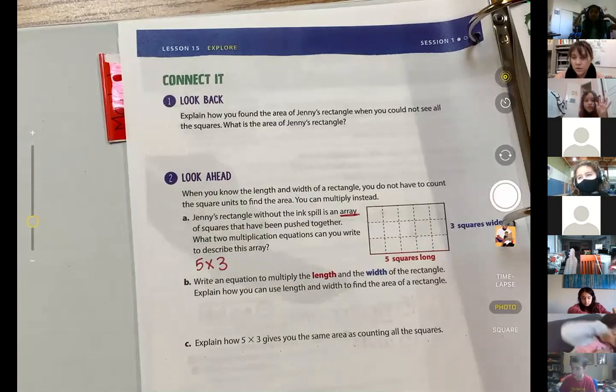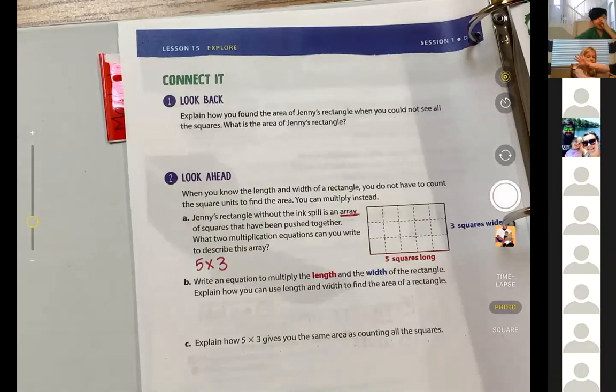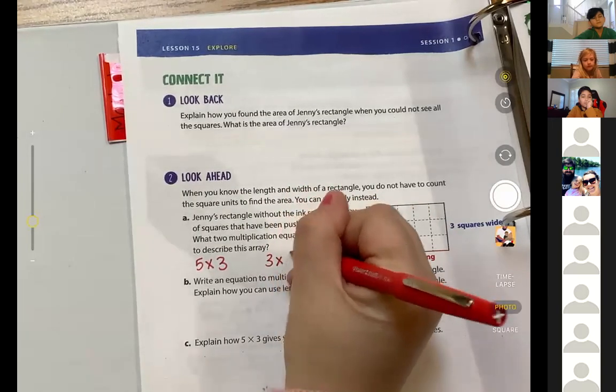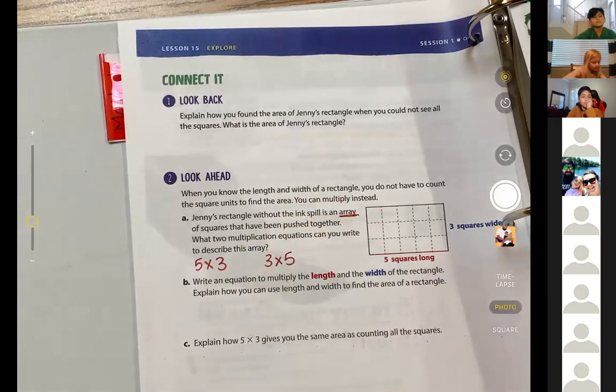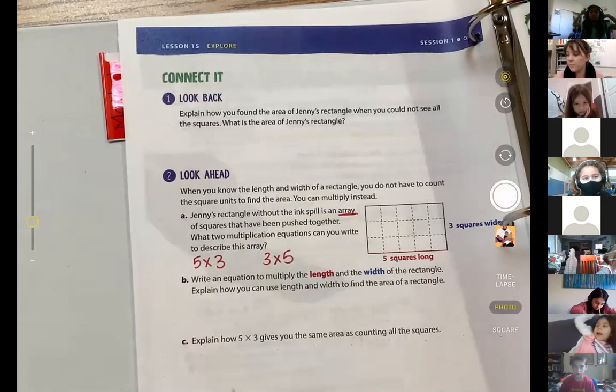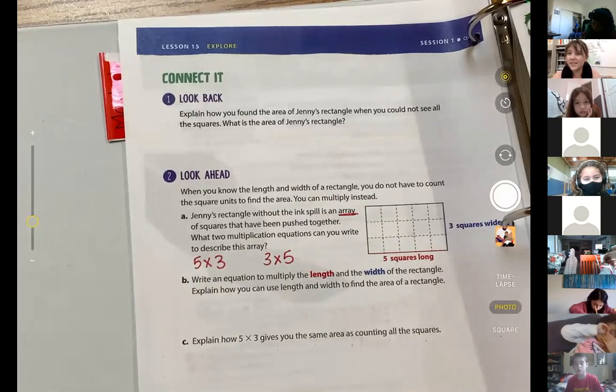What's the other one we could do, Ellie? 3 times 5. Perfect. 3 times 5. Good job. Are we going to get the same answer? Yeah. 5 times 3 and 3 times 5 gets us the same answer.